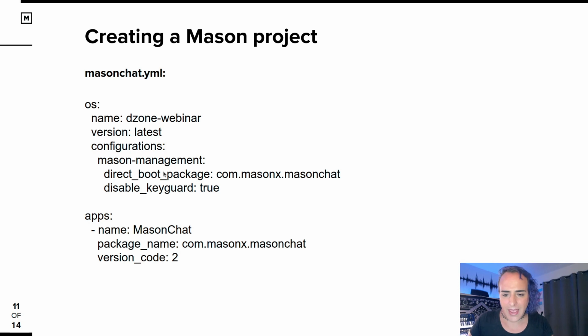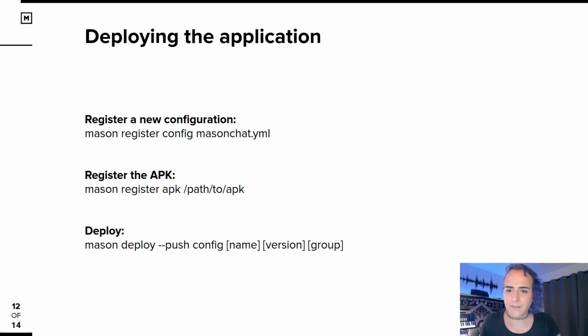Now this direct boot package will tell the configuration system what package should be displayed immediately when the device starts. And just to illustrate things, I'm setting disable key guard to true, which makes it so that we don't actually see the lock screen. And this may or may not be behavior that you want, but we're gonna do that.